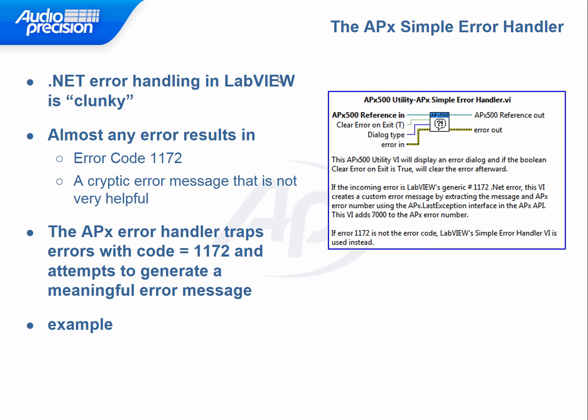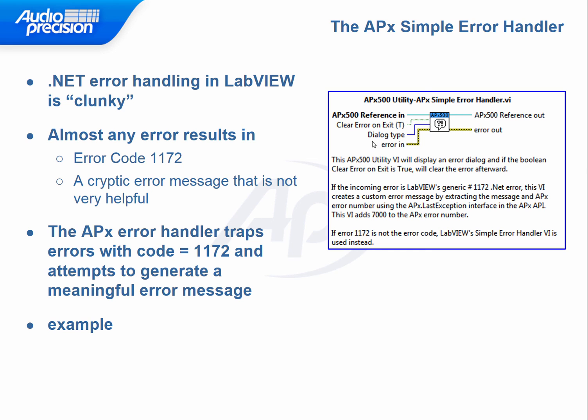So we went through these 2 examples. There's a special VI in the utility collection called the APx Simple Error Handling VI. I'm going to show this in a minute, but LabVIEW is very clunky in terms of handling .NET errors. Almost any .NET error in LabVIEW results in an error code 1172 with a very cryptic error message that's not very helpful.